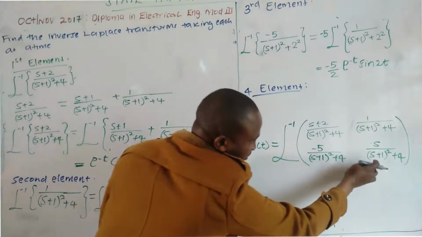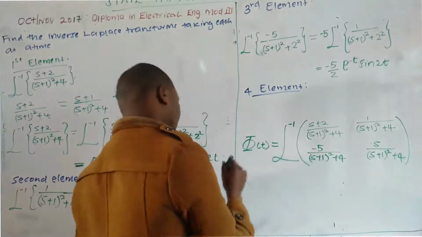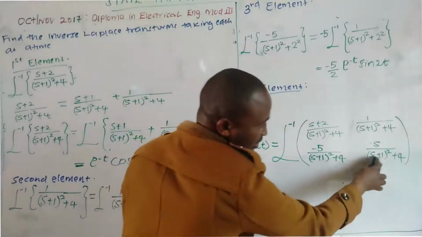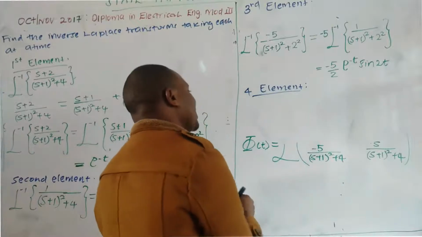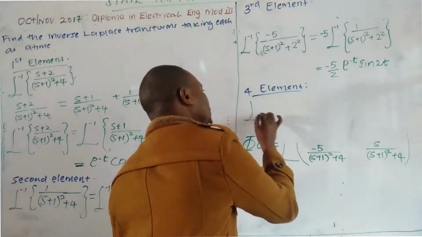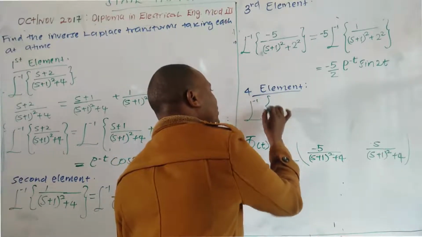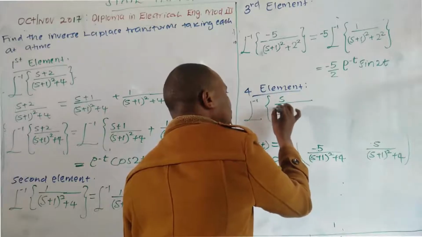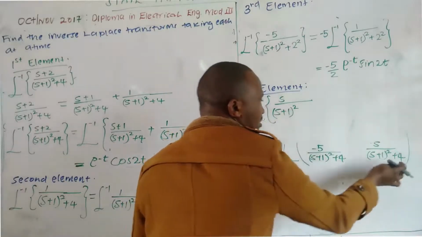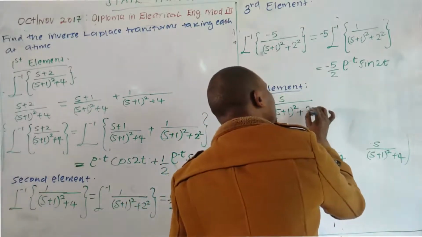It is this one. I'll remove the rest, I only need this one. I didn't want to forget it. So it is the inverse Laplace transform of s over (s plus 1) squared plus 2 squared.